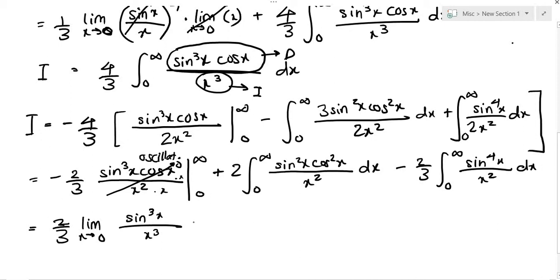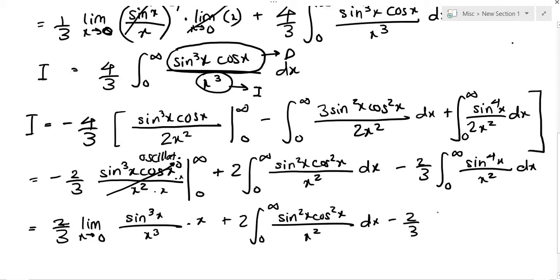So x cubed times x, plus 2 times the integral from 0 to infinity of sine squared x times cosine squared x divided by x squared dx minus 2 over 3 times the integral from 0 to infinity of sine to the fourth of x divided by x squared dx.